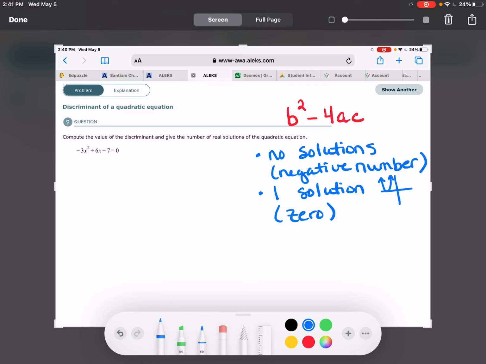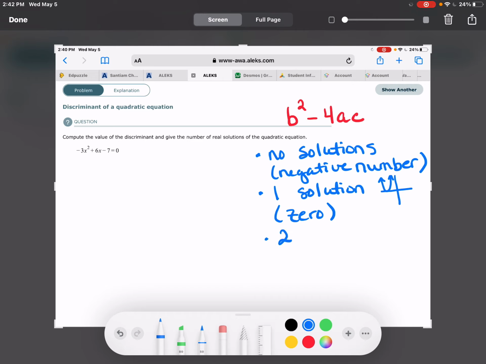That will take away our need to have that plus or minus, negative b plus or minus the square root of b squared minus 4ac. If we have nothing for b squared minus 4ac, we're not going to have a plus and a minus, which means we are not going to have to solve for two solutions. We're only going to have one solution. So if we get 0 for this discriminant, we'll know there's only one solution.